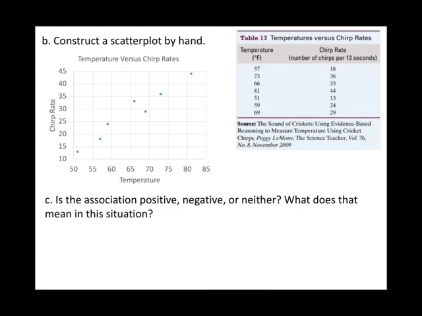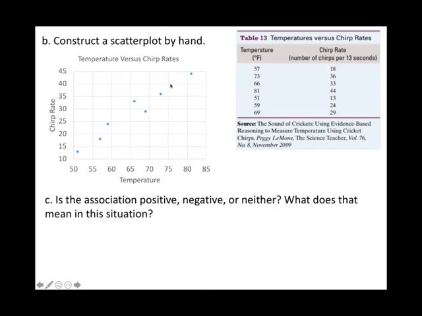C. Is the association positive, negative, or neither? What does that mean in this situation? Remember in chapter 6, section 6.1, we learned about the linear association. Positive or negative depends on the slope. So look at the scatter plot here. You can see all the points going in this direction. It means when the temperature increases, the trap weight also increases.